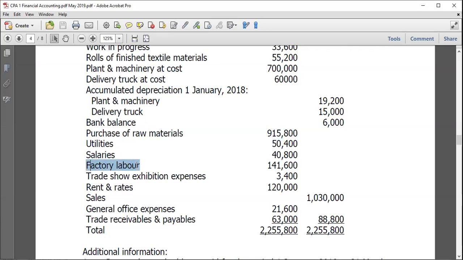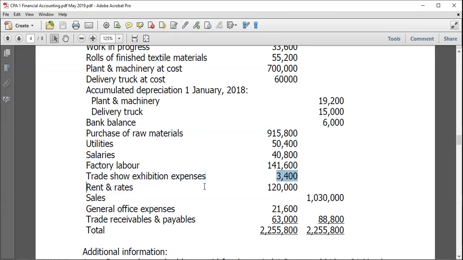Then factory labor, this one is very direct. When we are calculating our cost of production in the manufacturing cost statement, that's where we shall use it. Then we have trade show exhibition expenses. We know where these lie. These are basically selling, that's selling and distribution expenses, unless advised otherwise.